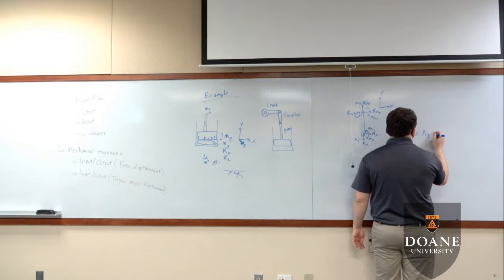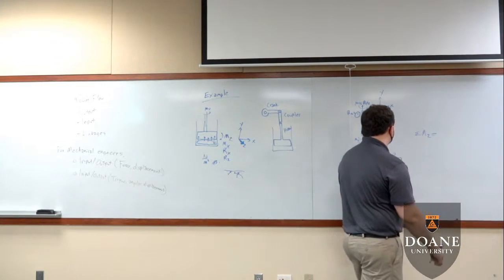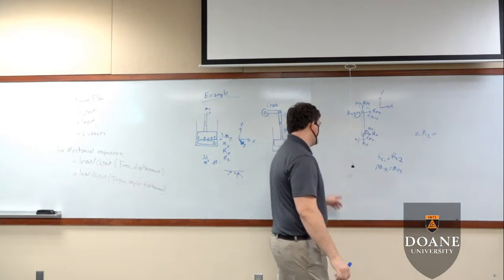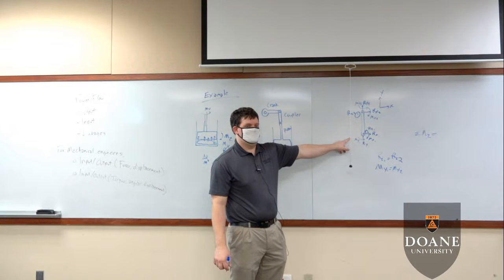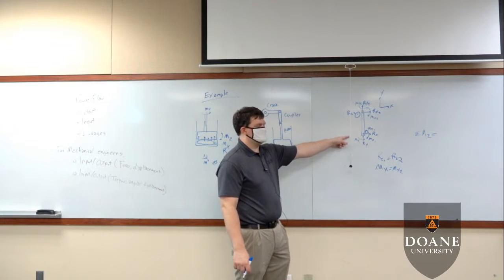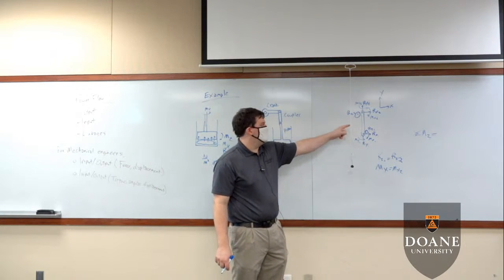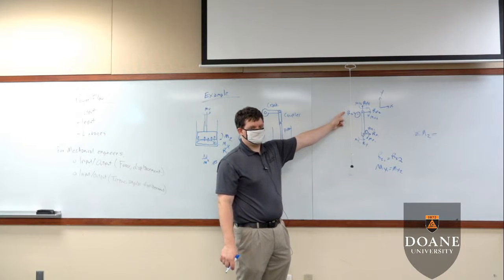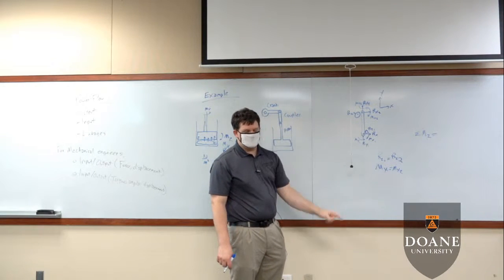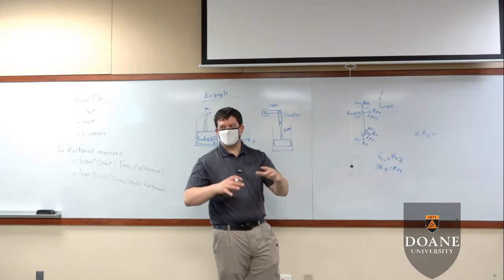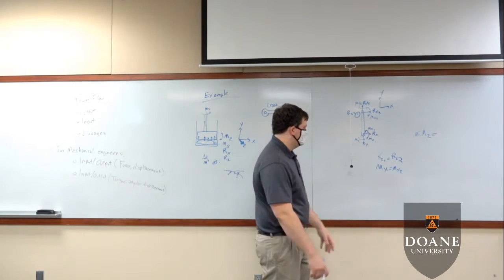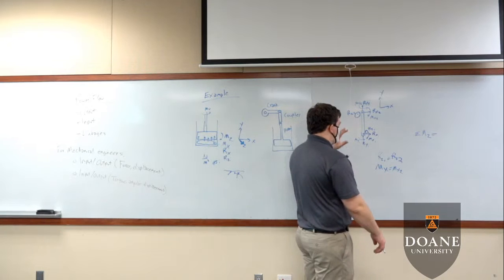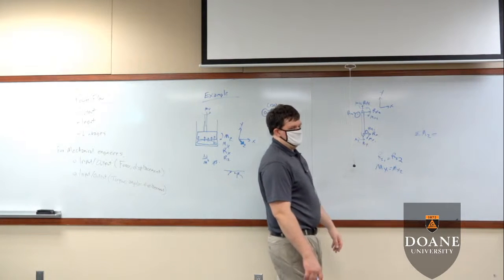Okay? Sum of the moments in the z direction is equal to, do we have an mz here? No, because this joint cannot carry an mz. Do we have an mz here? No, because that joint can't carry an mz value. It's not going to transmit any mz. Okay? Do we have any moments in the z direction?